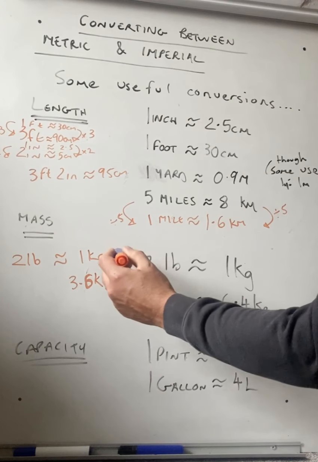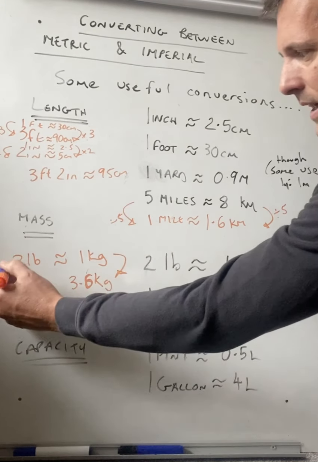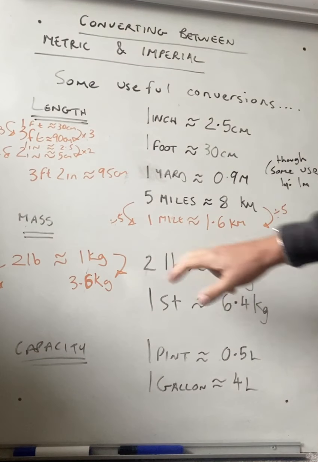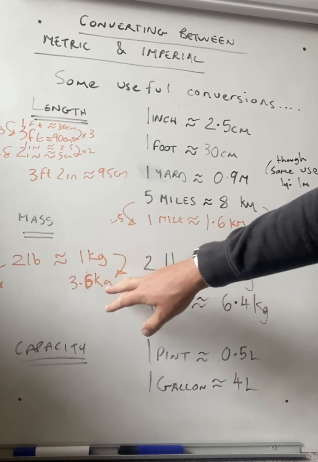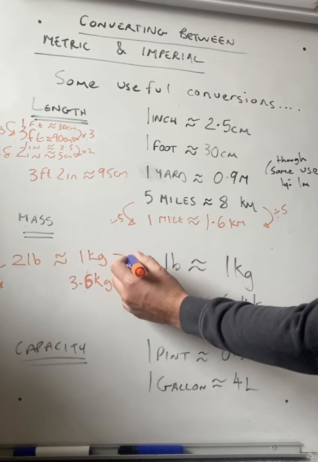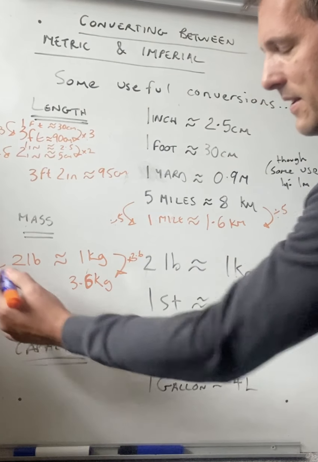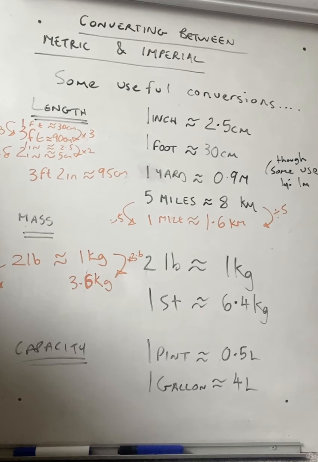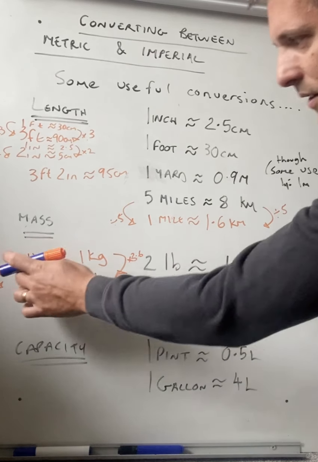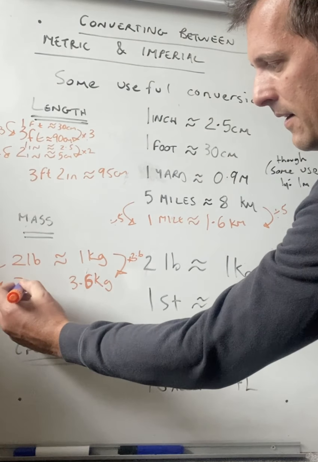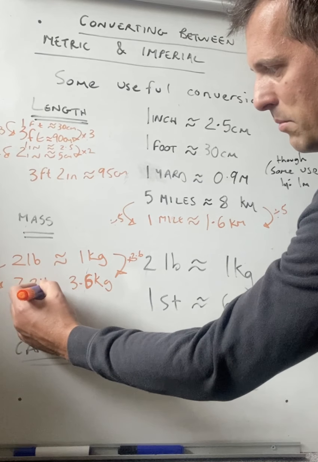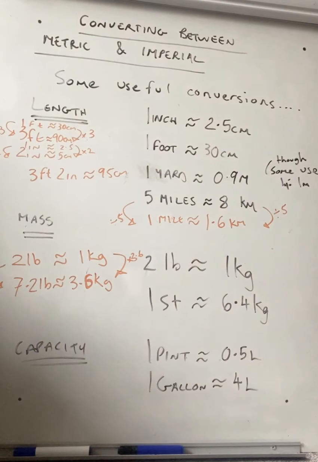What I do to this side I have to do to this side, and to get from 1, because there's my unit, I would times by 3.6. So I'm going to times by 3.6 on that side as well. So if I double 3.6, 2 lots of 3.6 makes 7.2 pounds. So 7.2 pounds is about 3.6 kilograms.